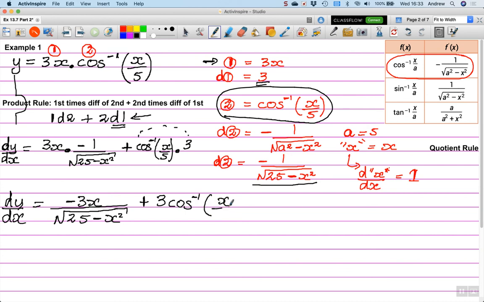And that's the end of the first example.